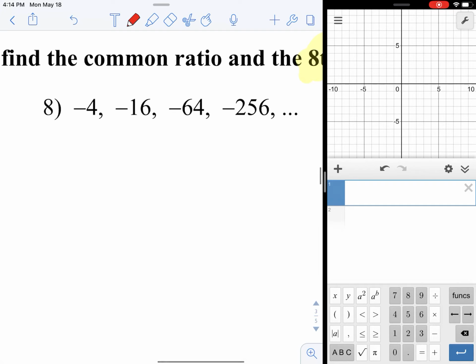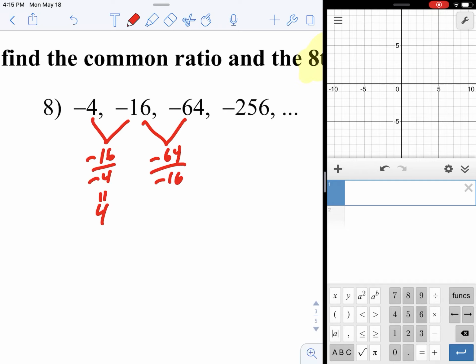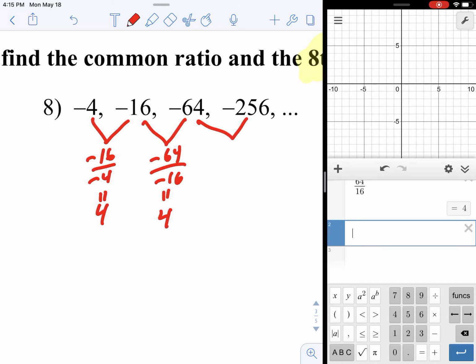So we divide. What is negative 16 divided by negative 4? Negative 16 divided by negative 4 equals 4. What about negative 64 divided by negative 16? 64 divided by 16 is also 4. The negatives cancel out. What about 256 divided by 64?